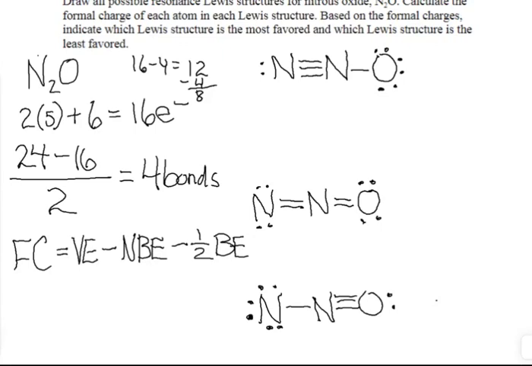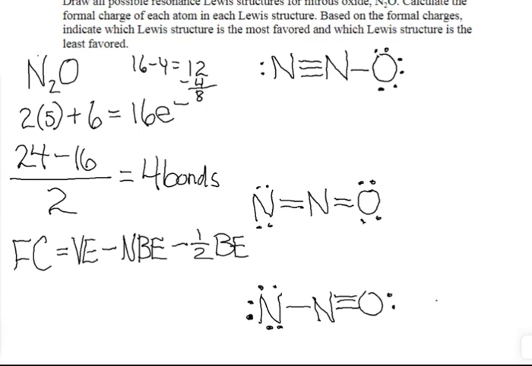And this is going to be logical to you because we're going to try to figure out what the formal charge is, meaning how many valence electrons do we have? How many do I own by myself, which is non-bonding or lone pair electrons? How am I sharing with somebody else? If I'm sharing them, I only have half of the possession of them. So that's why it's 1/2 of the bonding electrons.